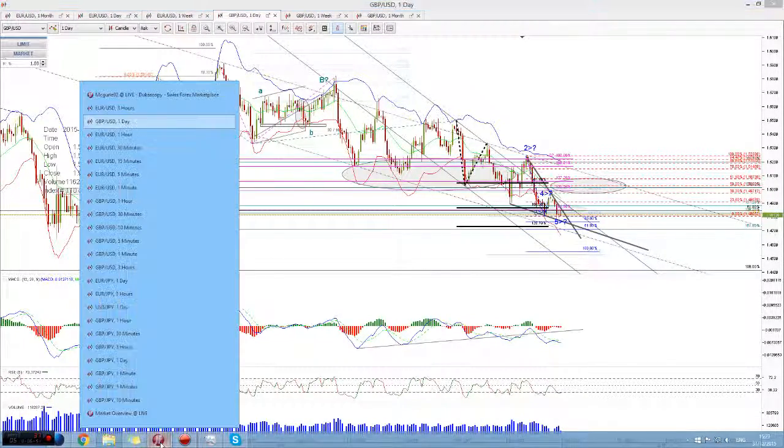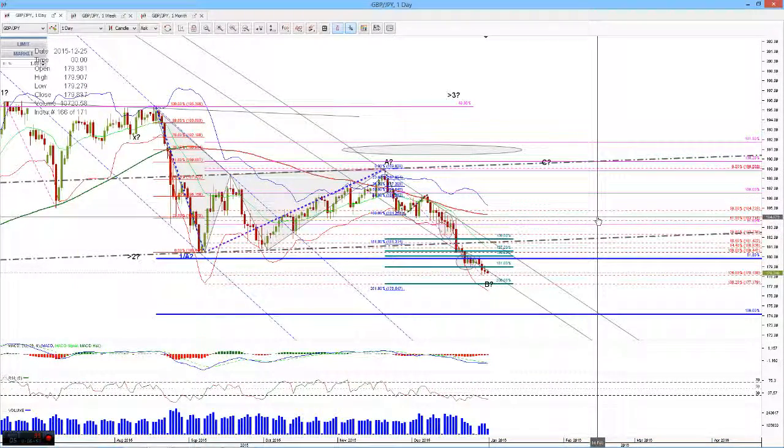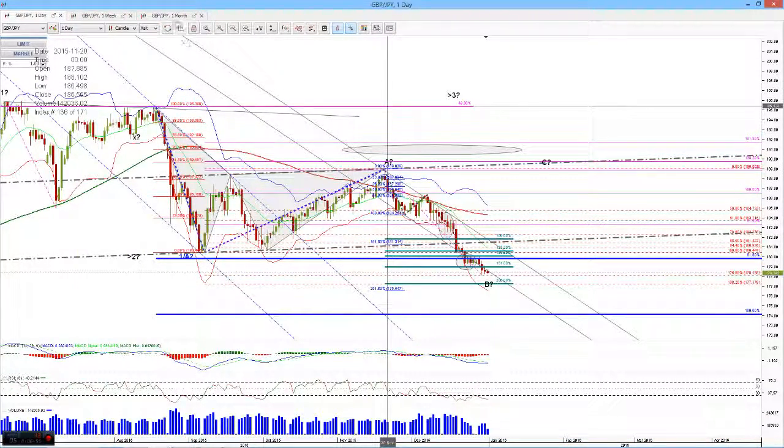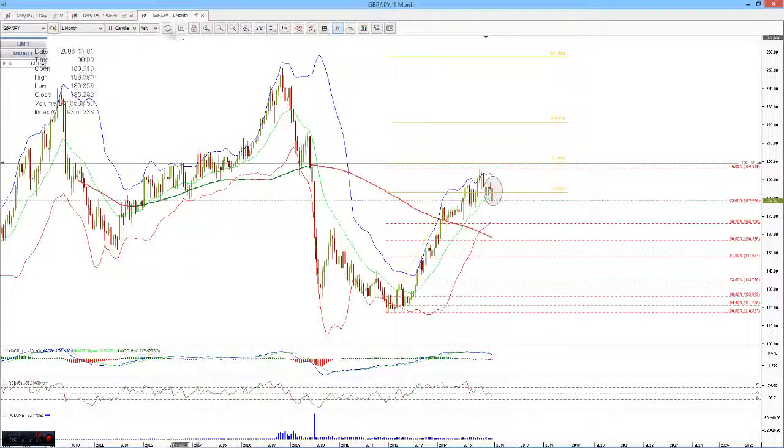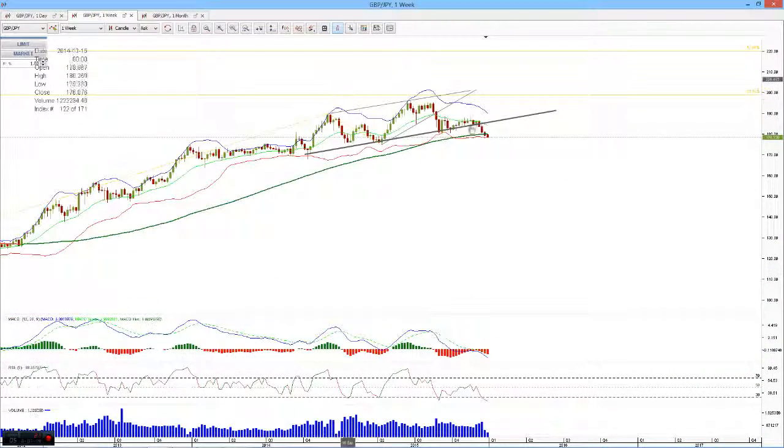Okay, let's switch to the Great Britain Pound, Japanese yen. Based on the monthly chart, we have a strong monthly candle here, which breaks through this Bollinger Middle Band. Usually it indicates selling pressure, and indicates the market is likely to fall to the downside.